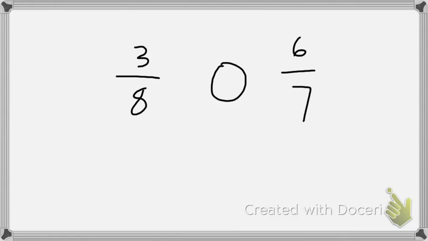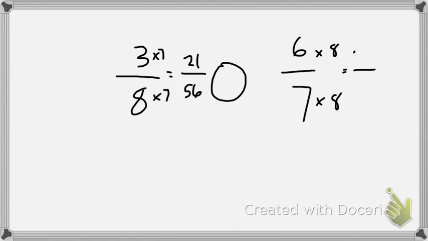Next I have 3/8 and 6/7. I'm going to multiply 3/8 by 7 and multiply 6/7 by 8. I get 21 over 56, and I get 48 over 56.